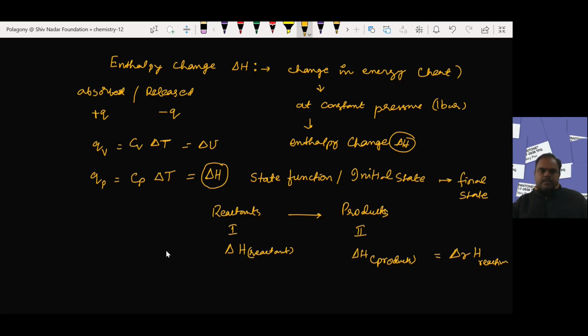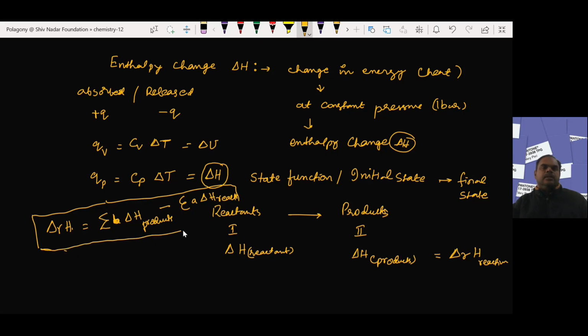Then how do you define this enthalpy of reaction? The enthalpy of reaction, delta rH, is equal to the sum of the enthalpies of the products minus the sum of the enthalpies of the reactants. That difference is the enthalpy of reaction.